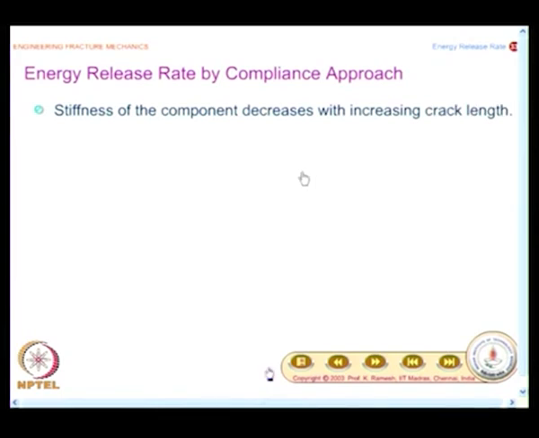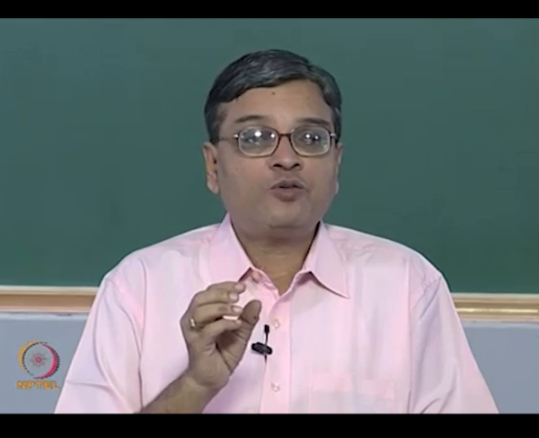See, we will now take up another approach to energy release rate. See, for a given practical problem, finding out the energy in the presence of a crack is a challenging task. For the center crack, we took up the available solution. We have not done a rigorous mathematics in our development till now. We will be able to do that only after our discussion on crack tip stress and displacement fields.